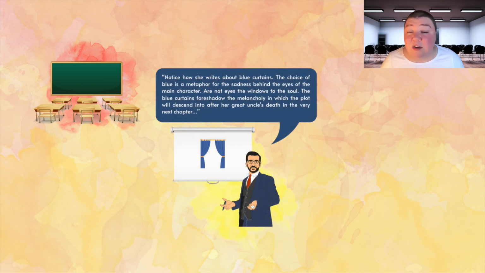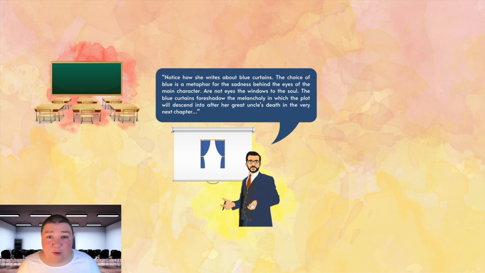And the teacher will say something like, "Notice how she writes about blue curtains? The choice of blue is a metaphor for the sadness behind the eyes of the main character. Are not the eyes the windows to the soul? The blue curtains foreshadow the melancholy in which the plot will descend into after her great uncle's death in the very next chapter."